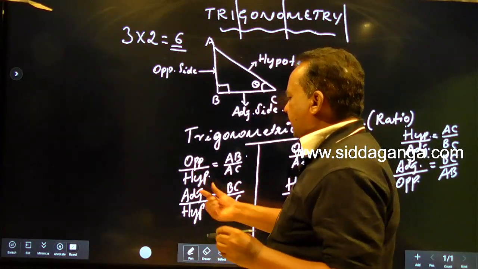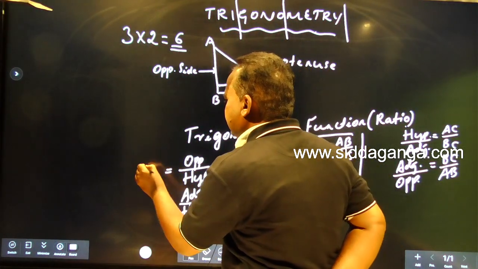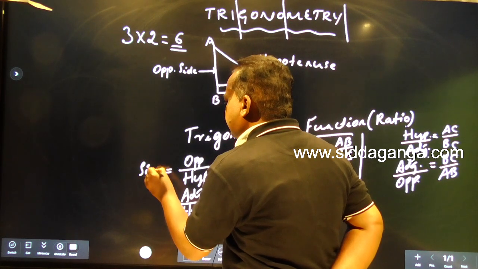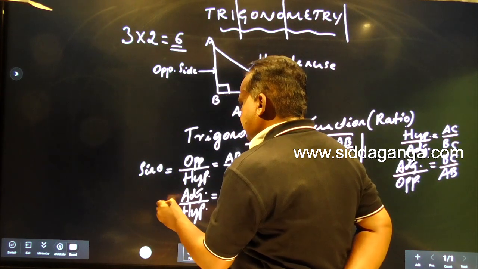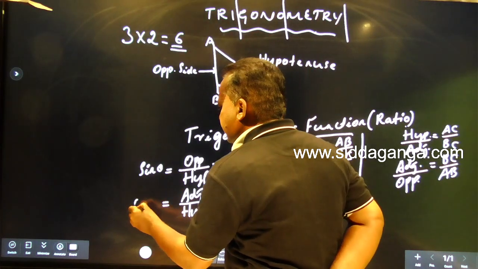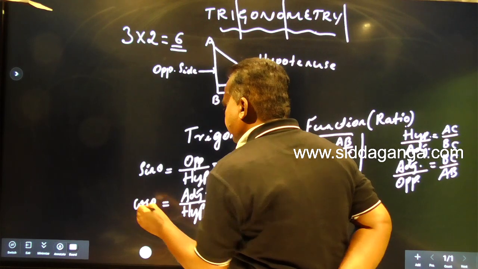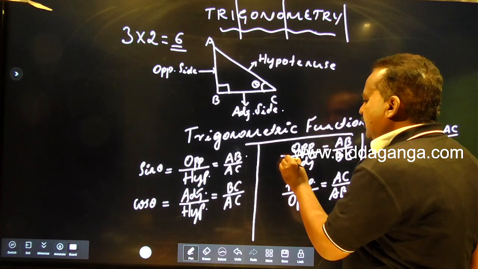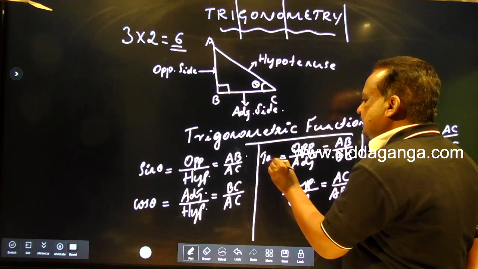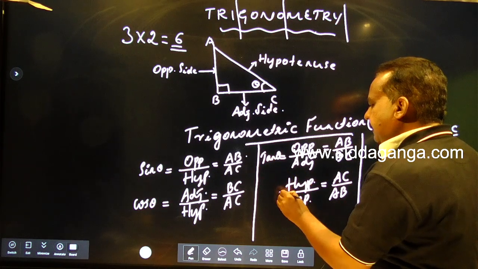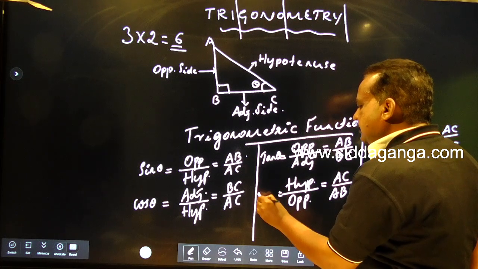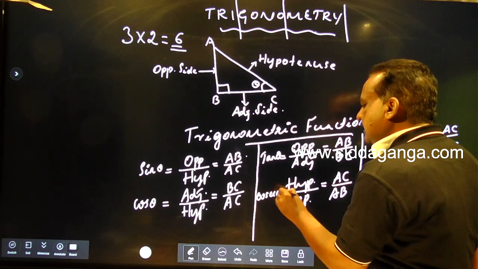Opposite by hypotenuse, this is named as sin theta. Adjacent by hypotenuse, this is named as cos theta. Opposite by adjacent, this is named as tan theta. Hypotenuse by opposite, this is named as cosecant theta.